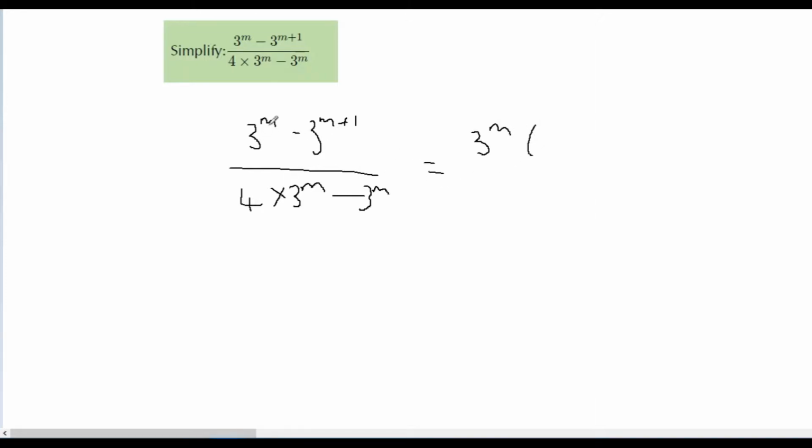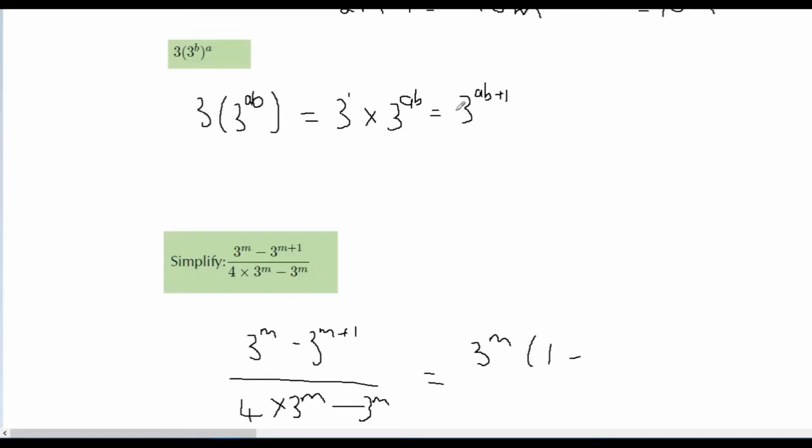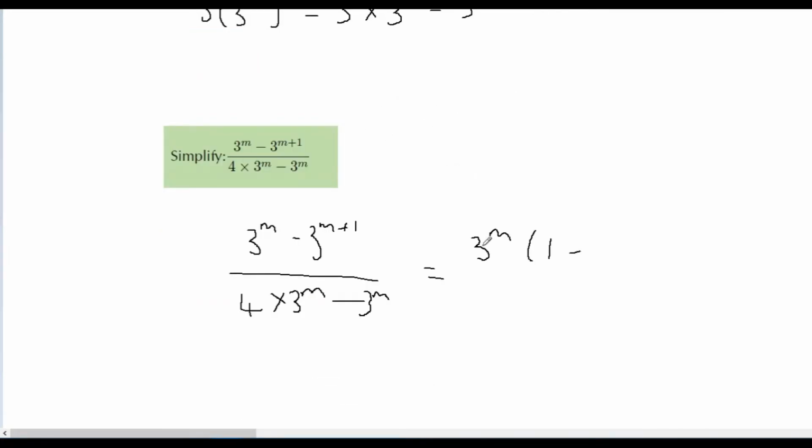So we take 3^m out, and we're going to be left with 1 minus, remember this plus 1, that 3^(m+1) is 3^m times 3. So if we take 3^m out of it, we're still left with a 3 by itself. So we're left with minus 3, right? And if you multiply this back in, you're going to get the same thing.